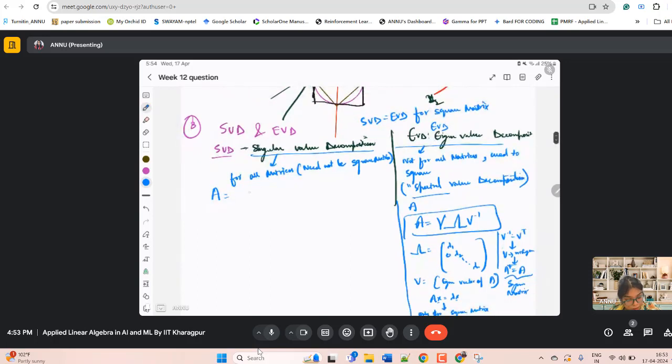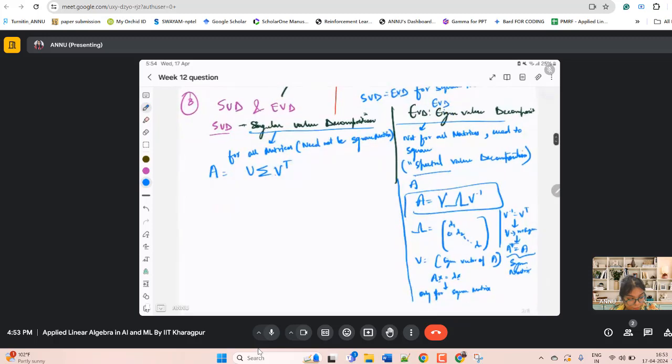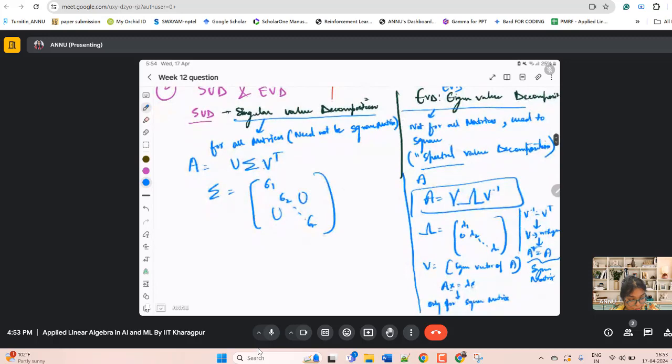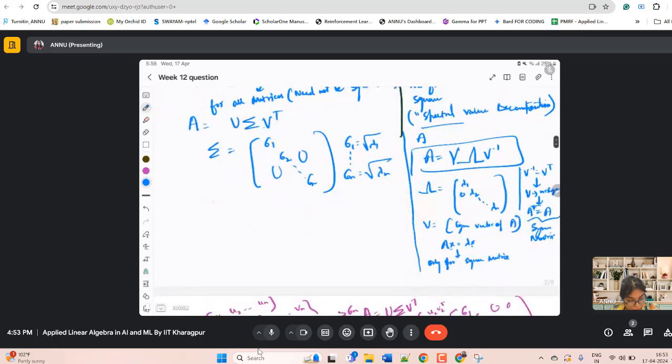So this is U sigma V transpose. Where sigma is sigma 1, sigma 2, so on, sigma n, 0, 0. Where sigma 1 is equal to root over lambda 1, sigma n is equal to root over lambda n. Also, sigma 1 greater than sigma 2 greater than sigma n.